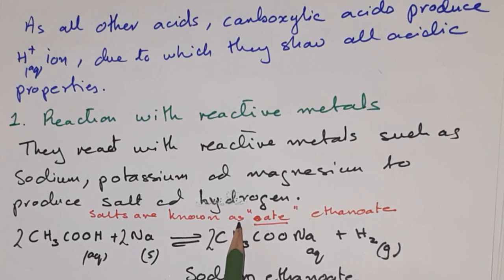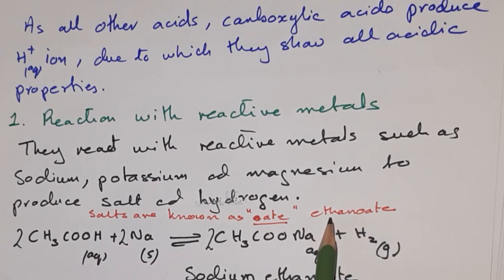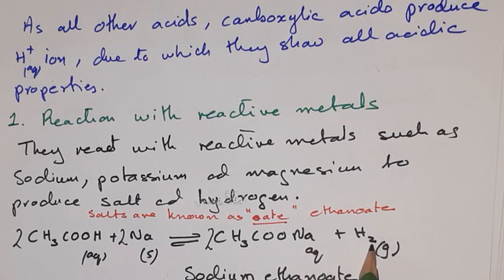Salts are known as oate. We are going to write the name oate after it, that is ethanoate. This is acetic acid, ethanoic acid, reacting with sodium. Sodium is going to remove this hydrogen from here and is going to take its place, and this forms sodium ethanoate plus hydrogen gas.